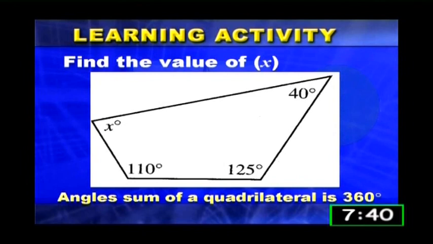One is not given. You have to find that one which is not given. And the hint is, angle sum of a quadrilateral adds up to 360. So using that hint, try to find the value of x when 3 angles are given.